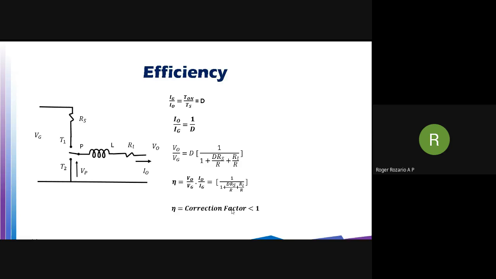Efficiency is less than 1. D and D will get cancelled out. The efficiency is equal to the correction factor, 1 by 1 plus D into Rs by R plus RL by R. So this is the efficiency of the converter taking into account the non-idealities in the source and the inductor.